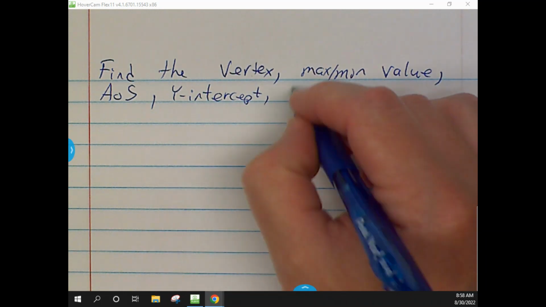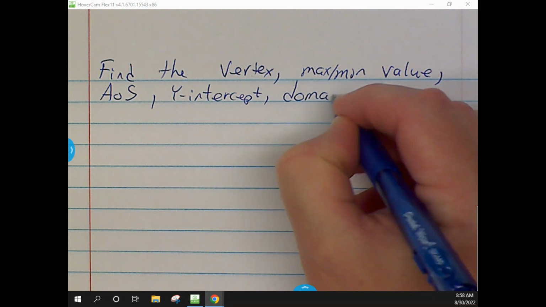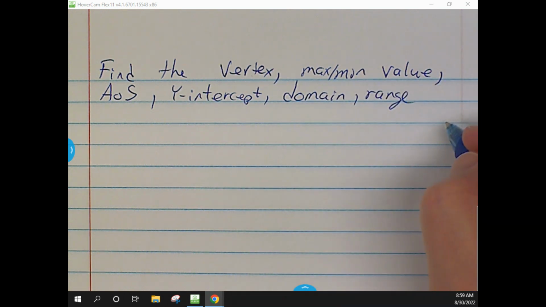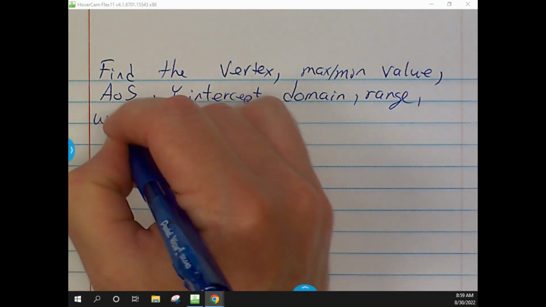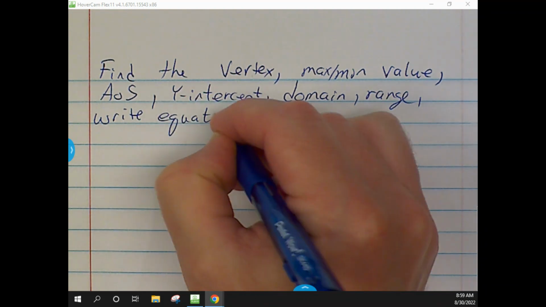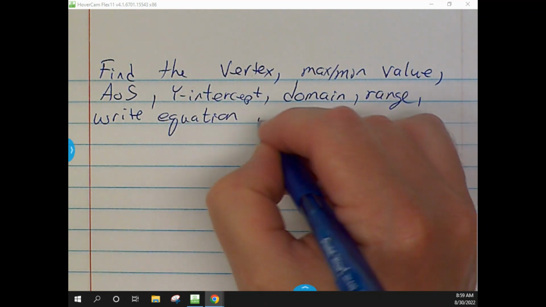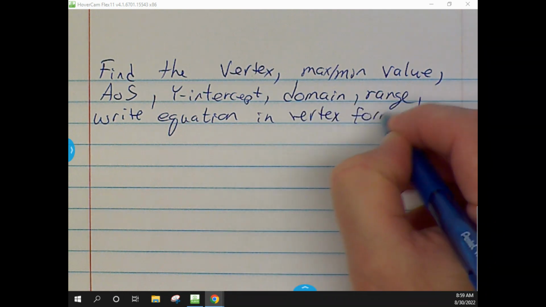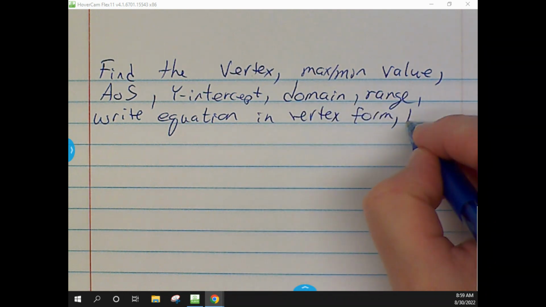We're going to do the domain and range. One other thing we're going to do, we're going to write the equation in vertex form, and then we're going to graph.